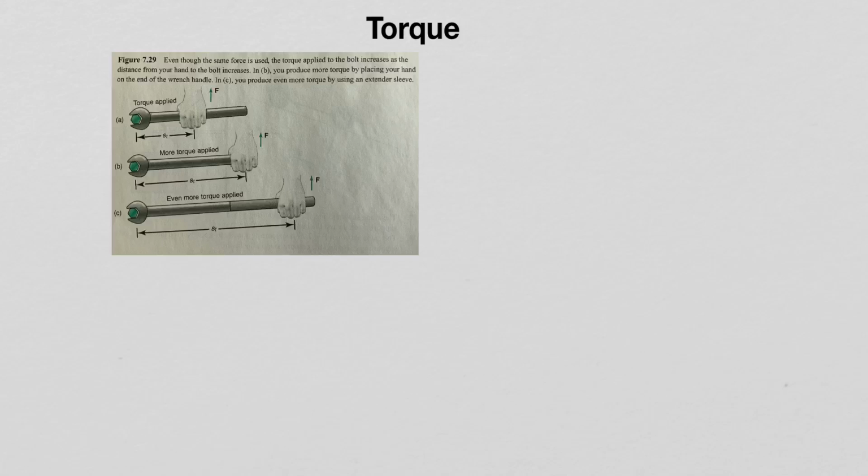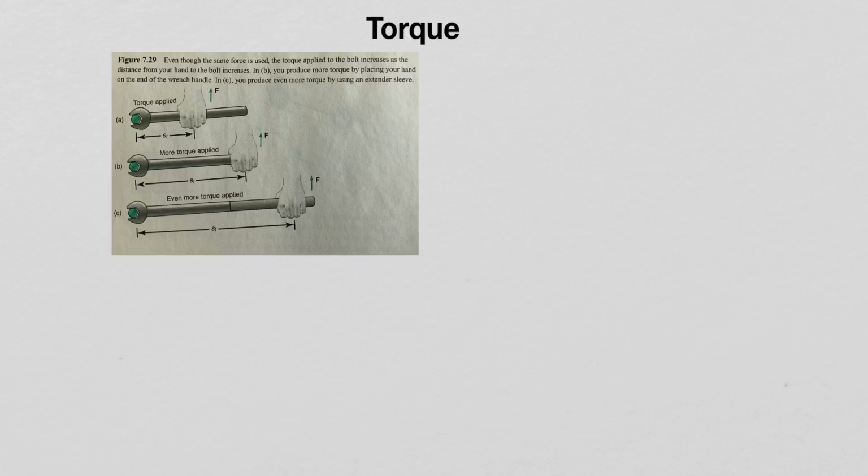Now, if the torque arm is fixed in length, there is no way to increase that, then in order to increase the torque, obviously, the force that's applied must be increased.